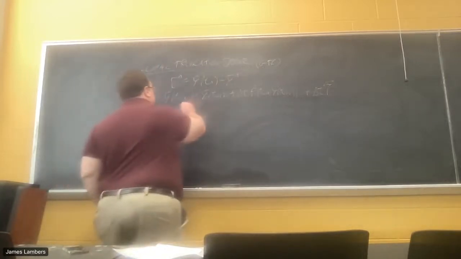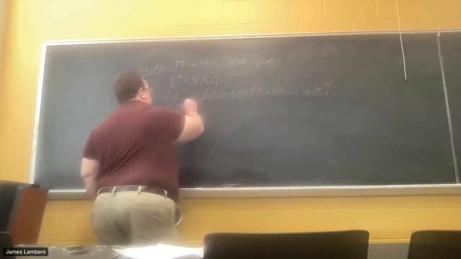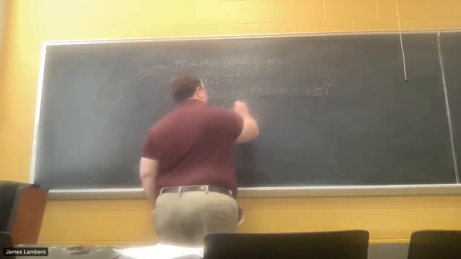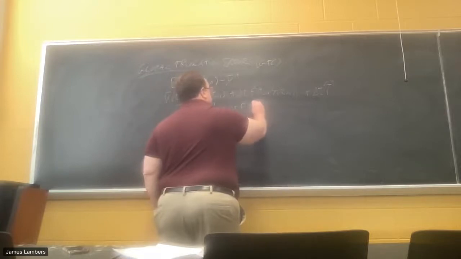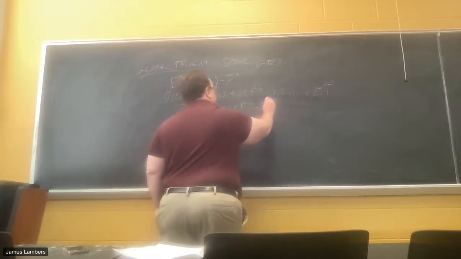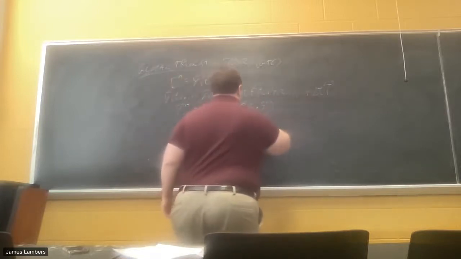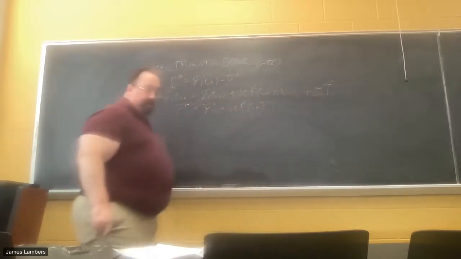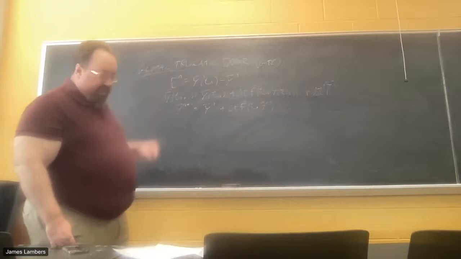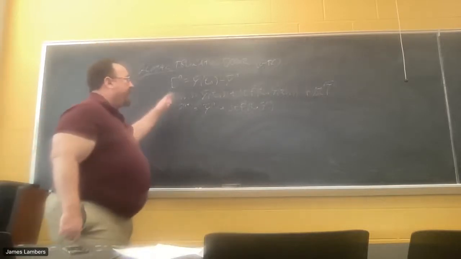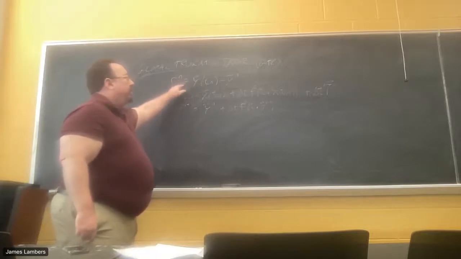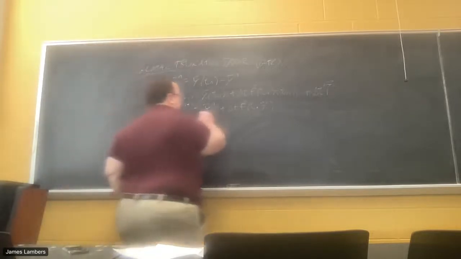And then the computed solution is y n plus delta t f of t n, y n. The computed solution satisfies the numerical method exactly, so there's no truncation error term. Now I can subtract these and use my definition of global truncation error.